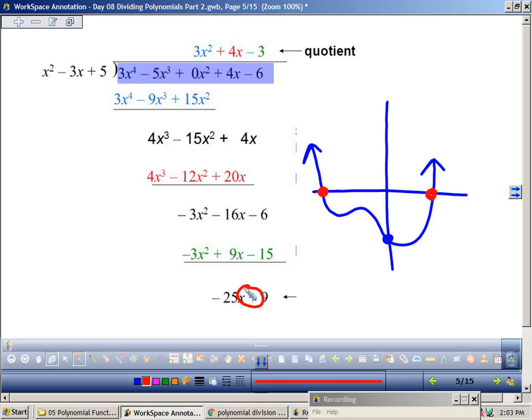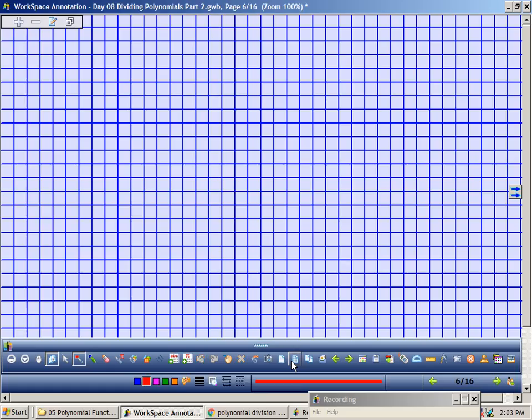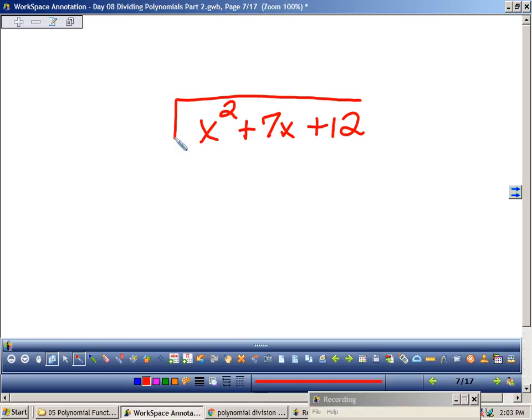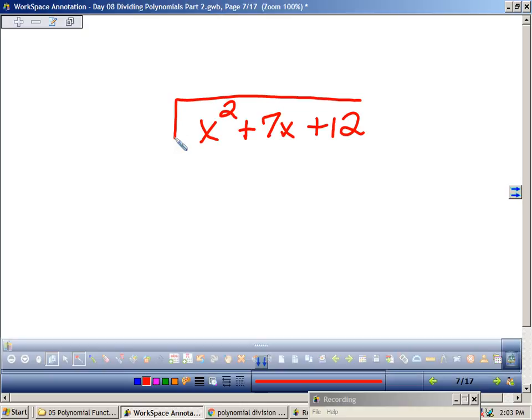Let's go back to the one I had you do when you first came into class. I asked you to do x squared plus 7x plus 12, and I told you that one of your factors was what? X plus 3 or x plus 4? X plus 3, right? So let's piece together what we could get from this information from our graph. What do we know? What does it look like?